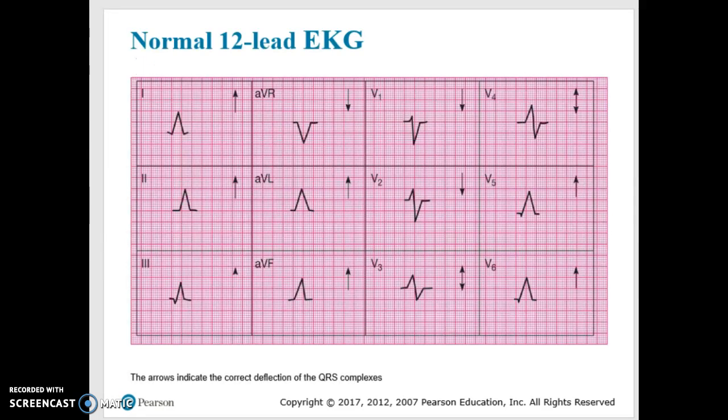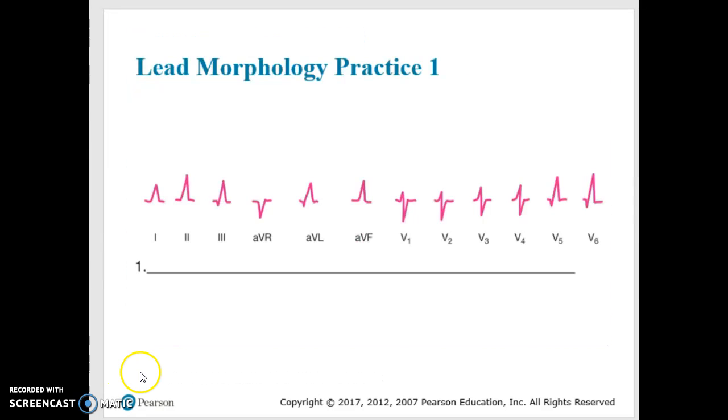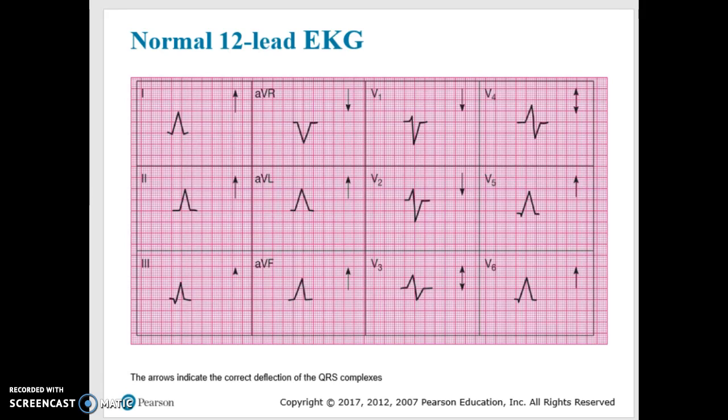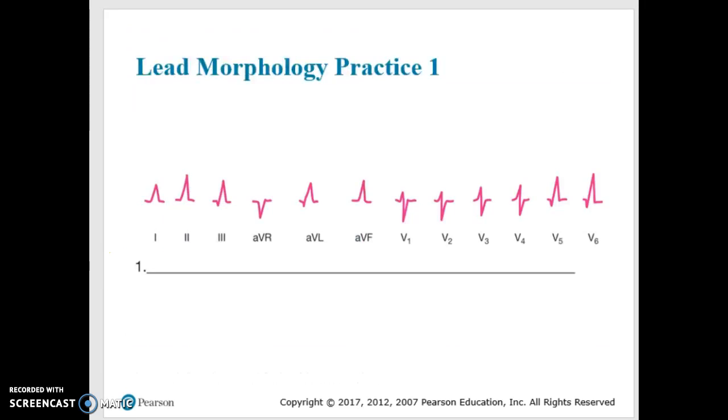AVF is positive, so AVF is positive here. V1, 2, 3, and 4. All right, V1 and V2 are negative here. V1 and V2 are negative as they're supposed to be.